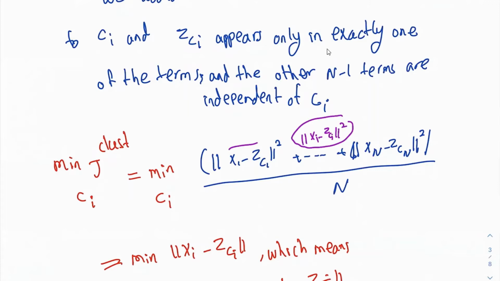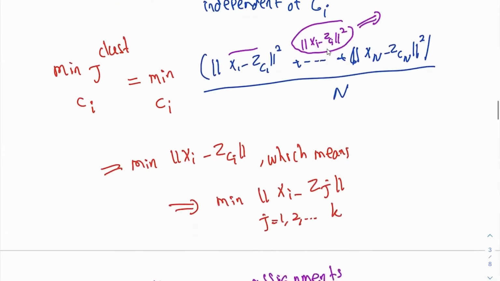So if I want to optimize with respect to ci, all I need to care about is this term. As easy as it is. We need to minimize the norm of xi minus z_ci. Therefore, the minimum only happens if xi has the minimum distance to z_ci. I'm going to associate each data point to its nearest group representative.